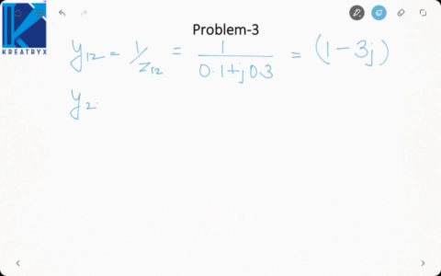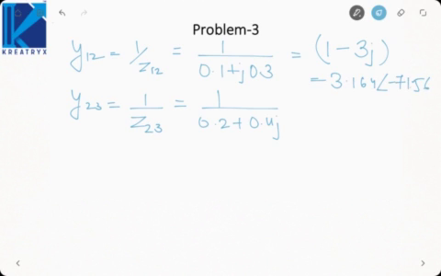Now y23 is equal to 1 by z23. So how much will this come out to be? 1 by 0.2 plus 0.4j. So in polar form, these will come out to be 3.164 angle minus 71.56.